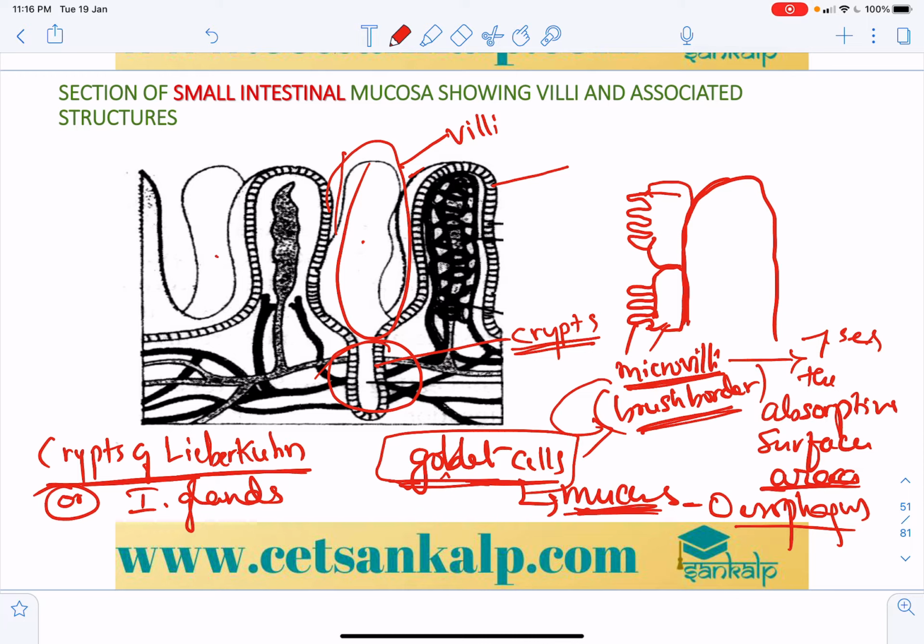In the small intestine, the mucosal epithelium mainly consists of villi and microvilli.